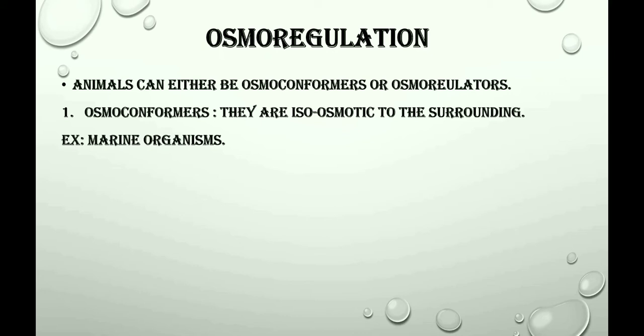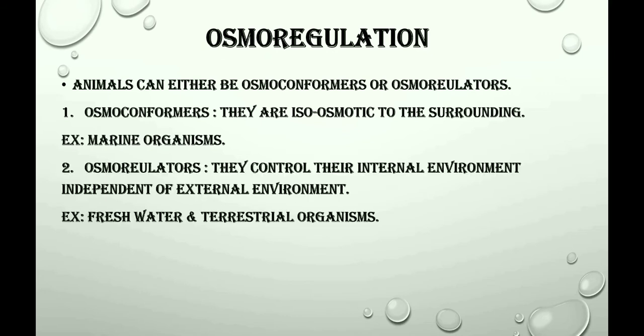Then if an animal is an osmoregulator, then that means these animals control their internal environment independent of external environment. Whatever changes occur in the external environment, that doesn't bother the animal because they maintain their internal environment.